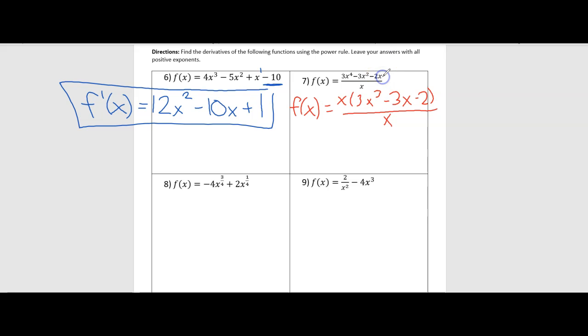And I can simplify these x's. And we'll notice that when we come up with our new function, 3x cubed minus 3x minus 2, we just have to say these are the same as long as x does not equal 0, because we couldn't have x equal 0 in our original, because we have an x in the denominator, so it would make the denominator equal to 0.